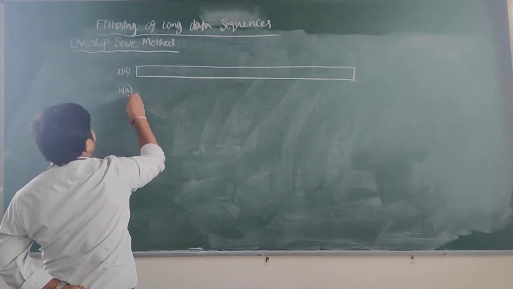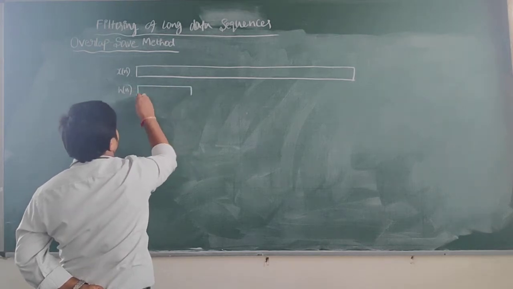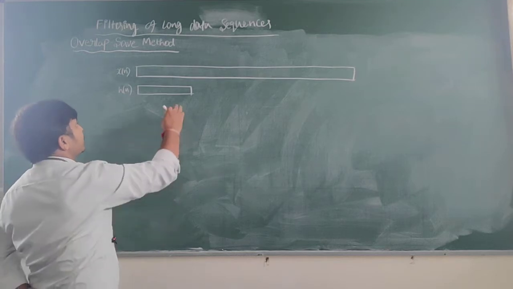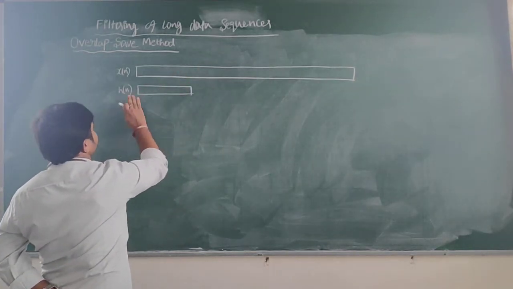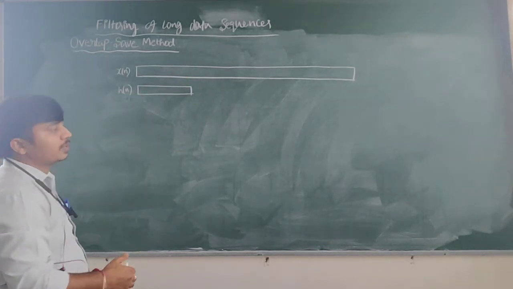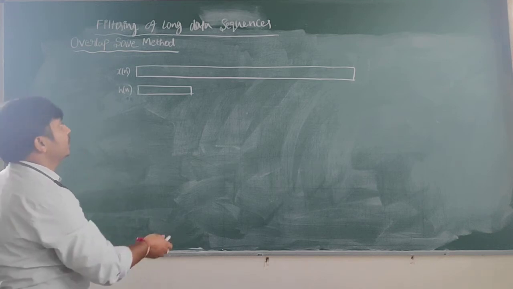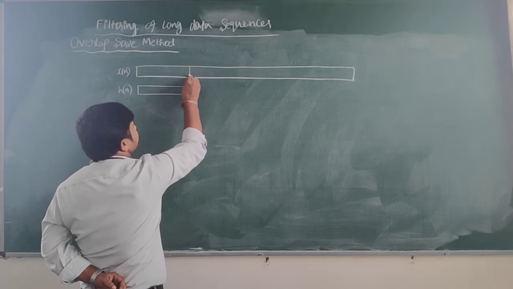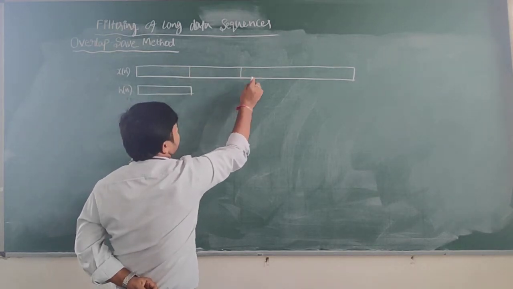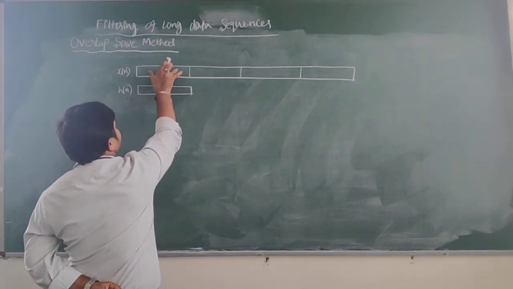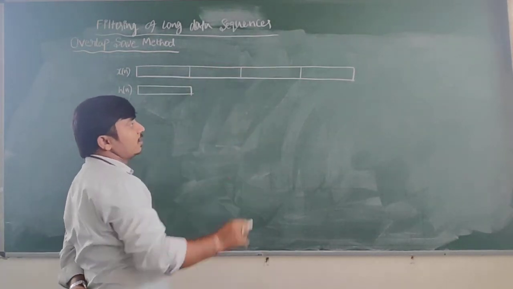So the input function x of n is longer than the impulse function h of n. As in the overlap add method, here also we segment this input into several blocks. Each of these segments is called a block.